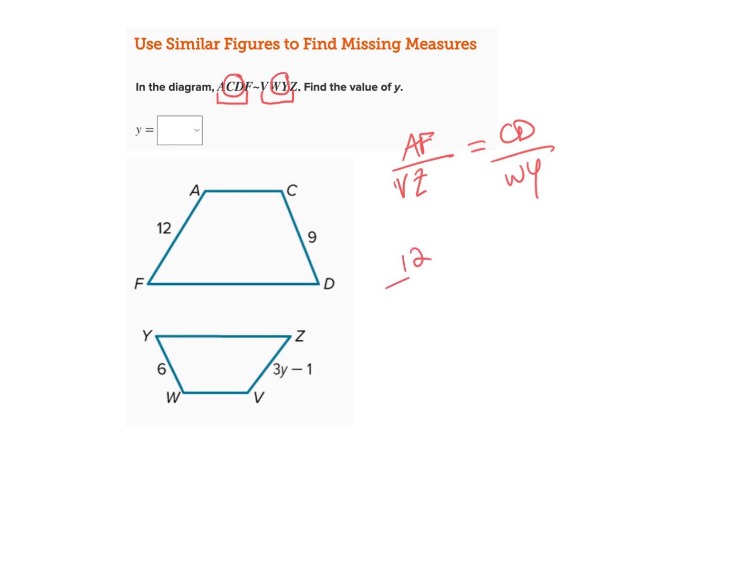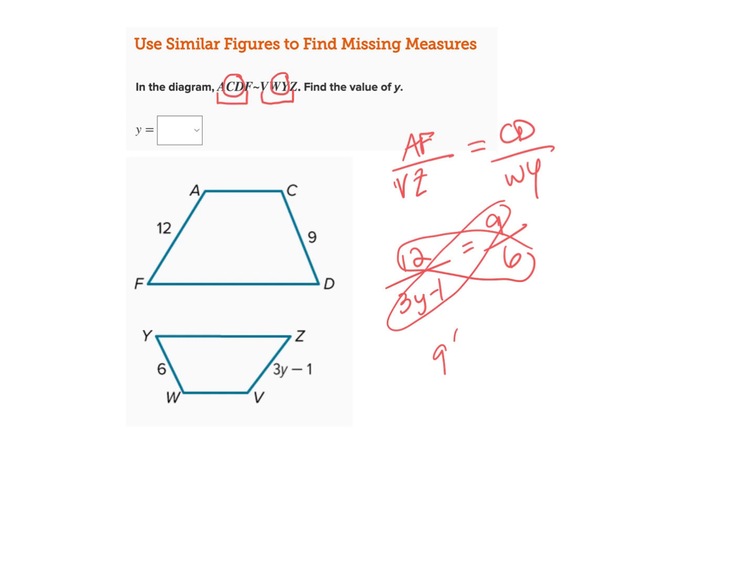Let's fill in our information. VZ is 3y minus 1. CD is 9. WY is 6. So set up your corresponding sides, fill in the length of each side, and then cross multiply.